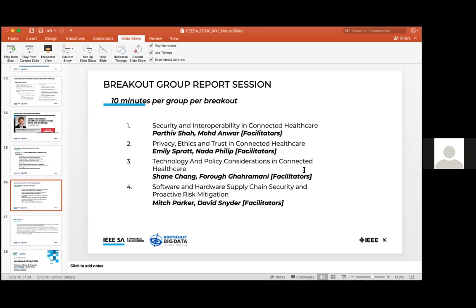Now we're going to ask each of the groups, whether you empowered your facilitator to report back or nominated someone in your group, to give about a 10-minute roundup of the four core points that we asked you to address, and share with everyone how it went and what you talked about: the recommendations, mitigation strategies, risks, wherever you focused.